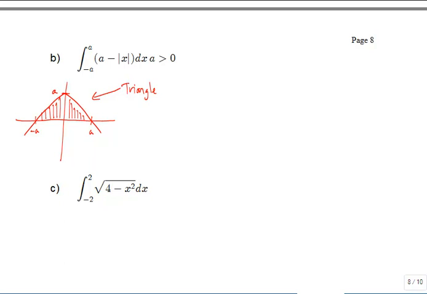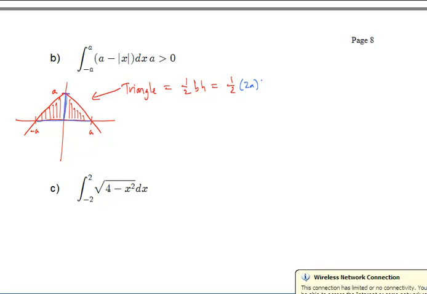Now you can do this a couple ways. You can do the area of this full triangle and do 1/2 base times height. The base of the entire triangle all the way across this base, I go a to the right and a to the left, so that whole base would be 2a. And what's this height here? That height is also a.